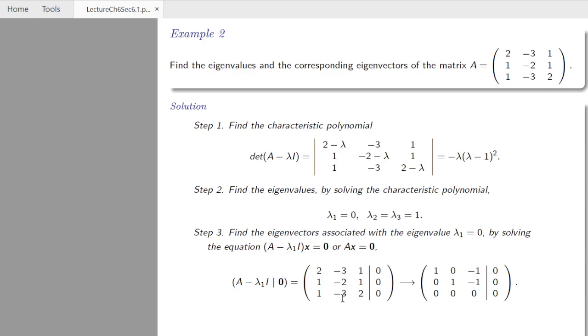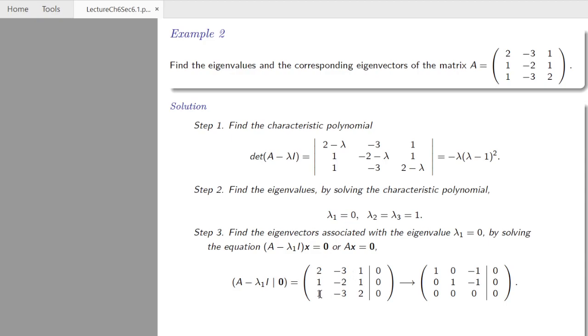What we're going to do is use elementary row operations to work on the left side of this matrix. To do this, we take a look at the first row.